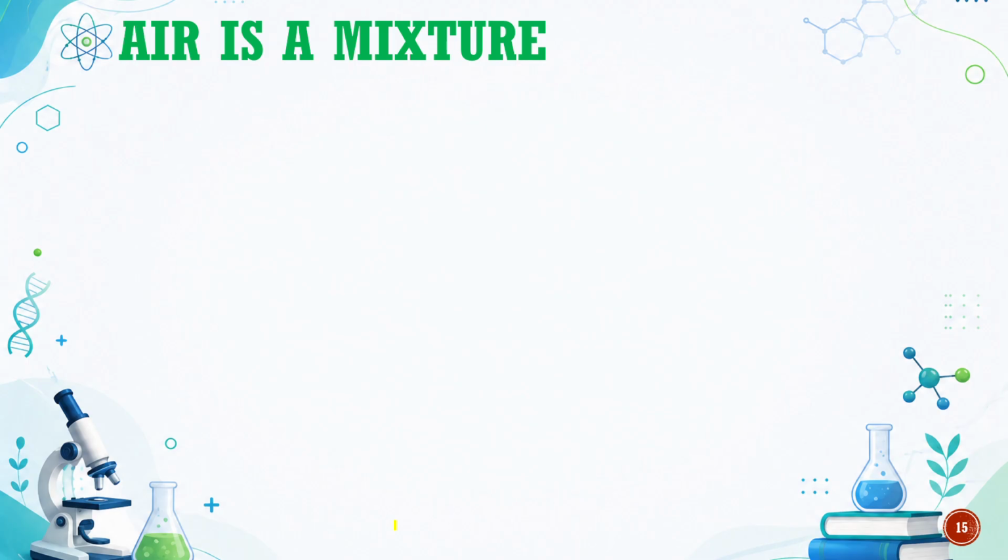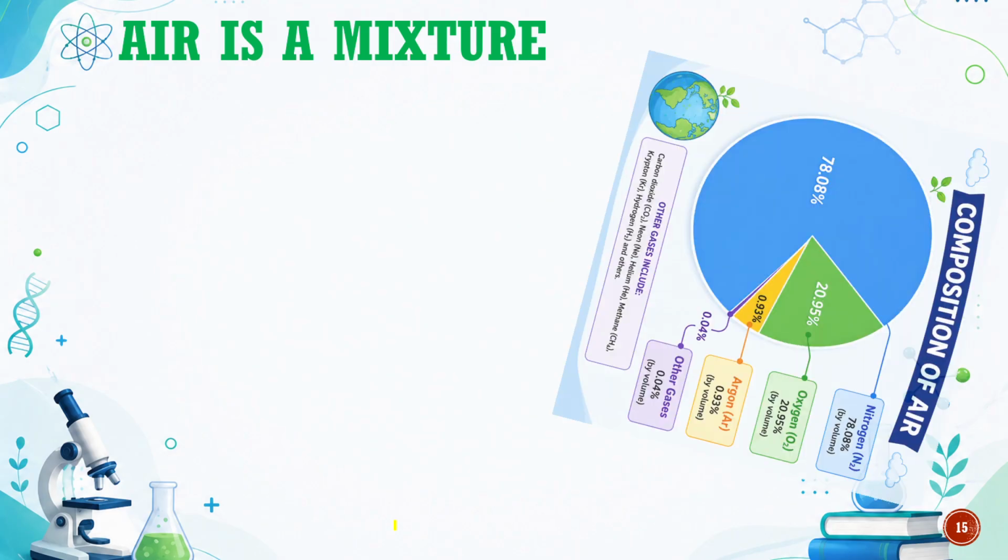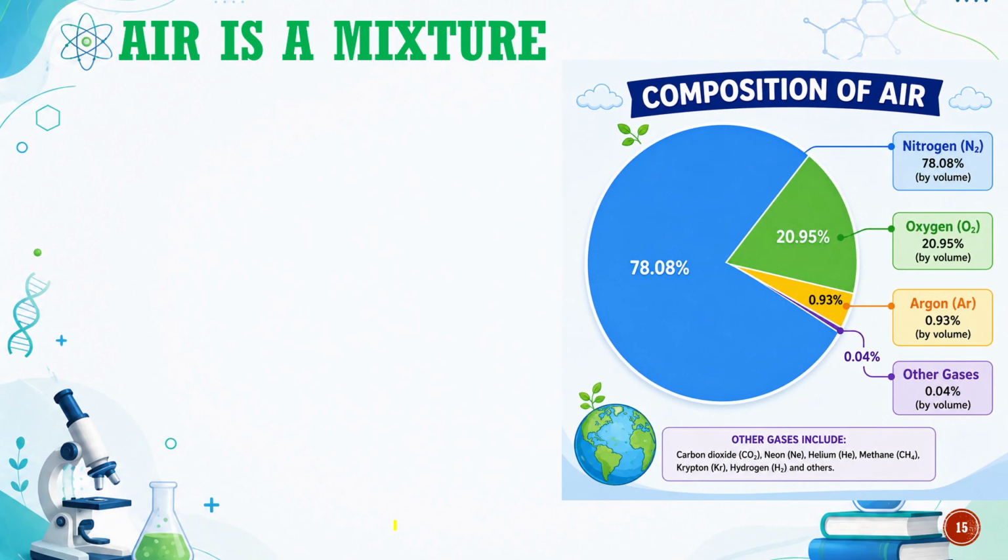One typical example of a mixture is air. We all know air is a composition of three typical gases: nitrogen, oxygen, and argon, and then a small portion with a mixture of other gases like carbon dioxide, helium, and hydrogen in very small percentages.